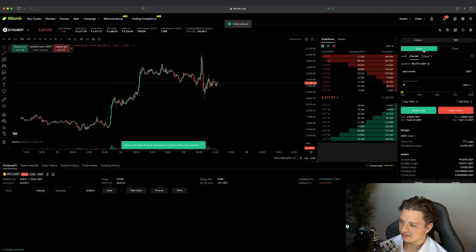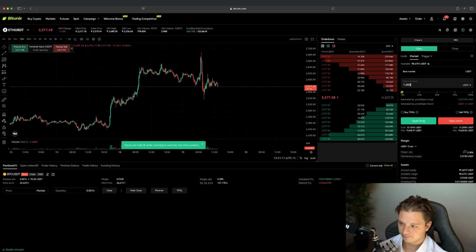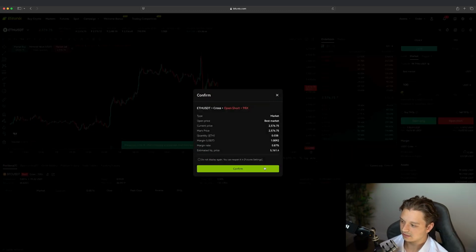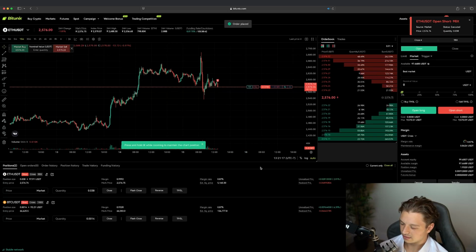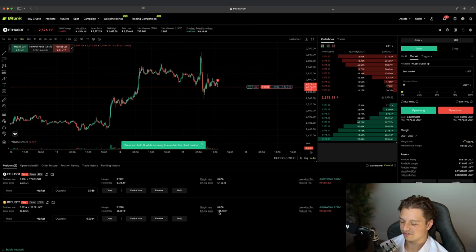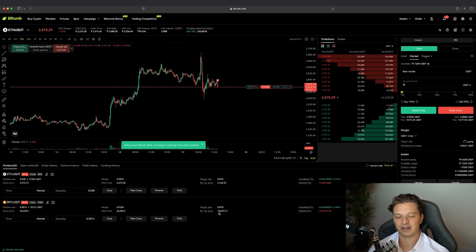Then we also shorted Ethereum. That changes our estimated liquidation price on Bitcoin down to 136,000. This is because we just gave up some of our collateral liquidation money into the Ethereum trade.